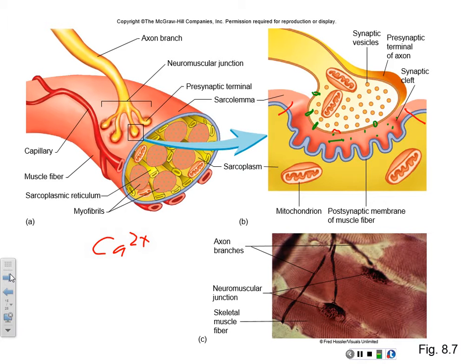So calcium needs to get in here. Calcium 2 plus will cause the synaptic vesicles carrying ACh to stick to the presynaptic membrane to cause exocytosis. So it's the calcium that causes the exocytosis, when those vesicles release the acetylcholine into the cleft.